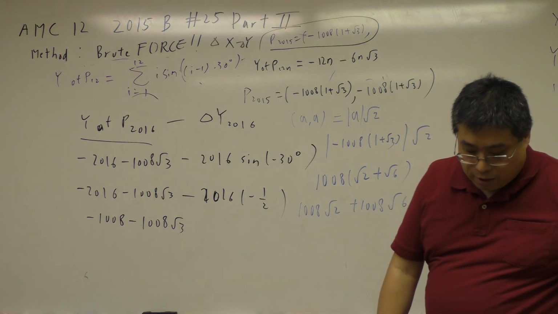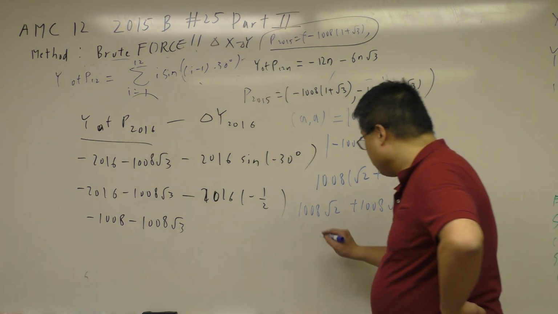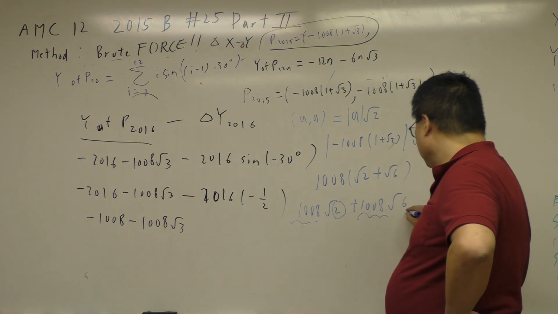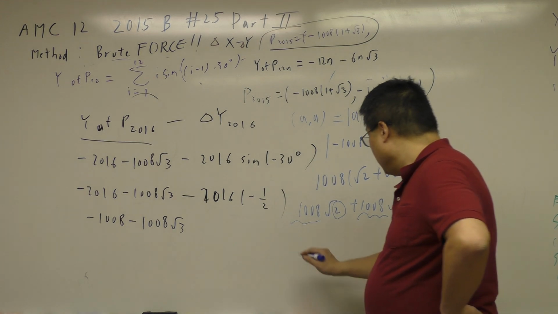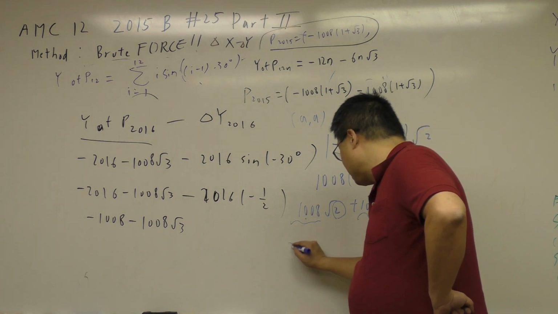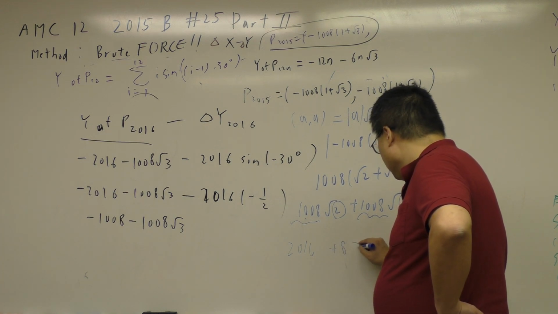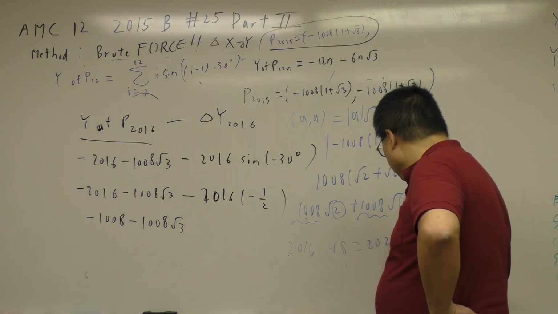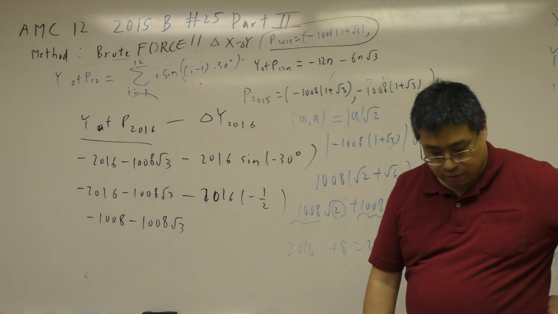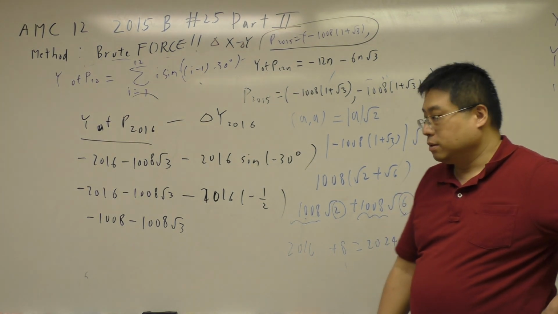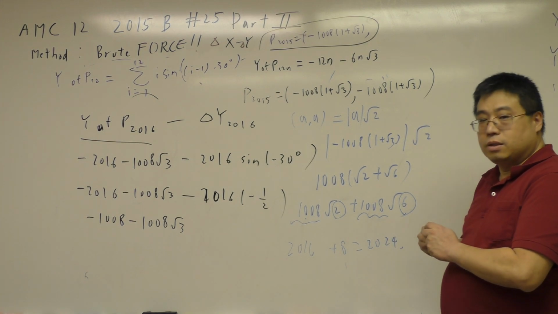And then what's really being asked is, what is the sum of this number, that number, this number, that number? Add them together. These two add up to 2016. These two add up to 8. Answer should be 2024, which is B. So there you have it.